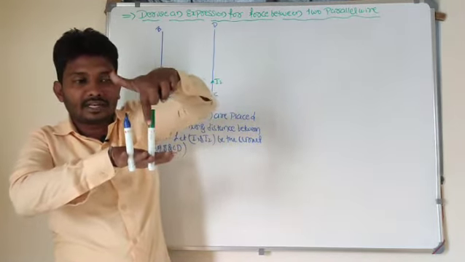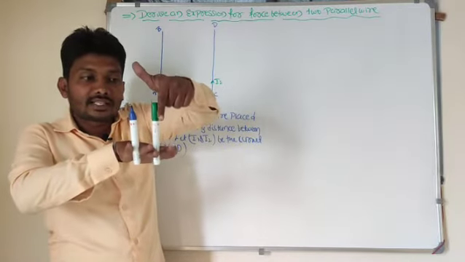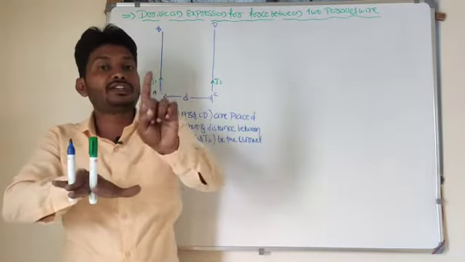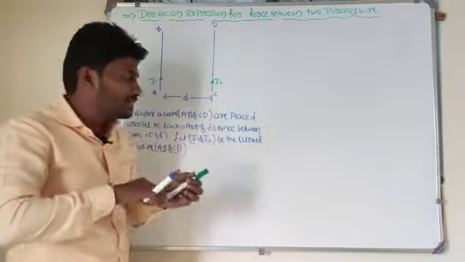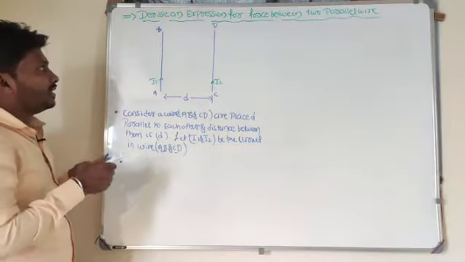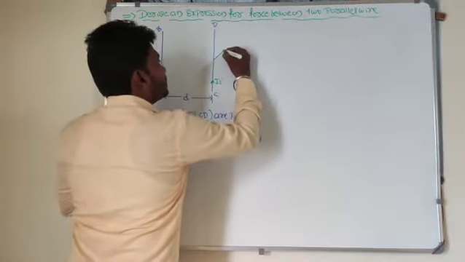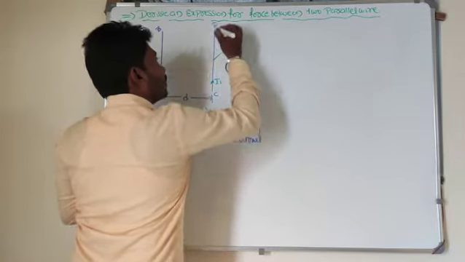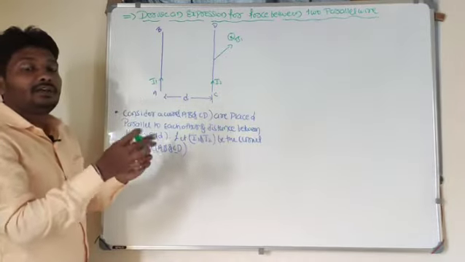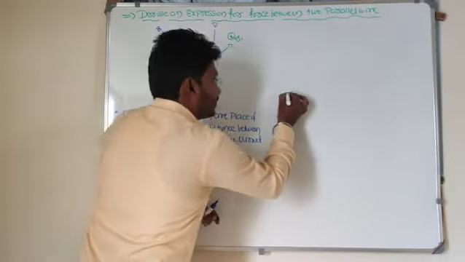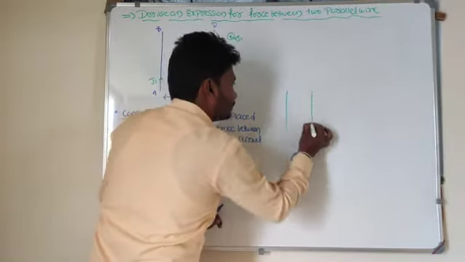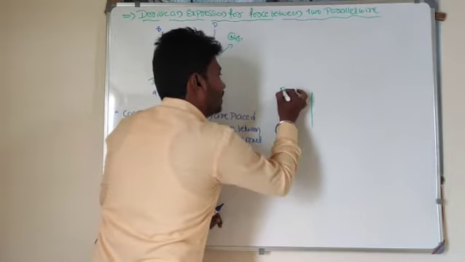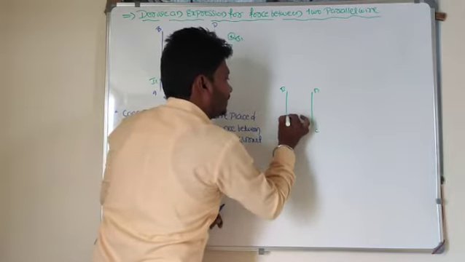This magnetic field acts on the wire CD in an inward direction. In which direction is magnetic field B1 acting here? Magnetic field B1 acts on the wire CD in an inward direction. The cross mark indicates that magnetic field B1 is acting inward. Look here, this is wire AB and this is wire CD.